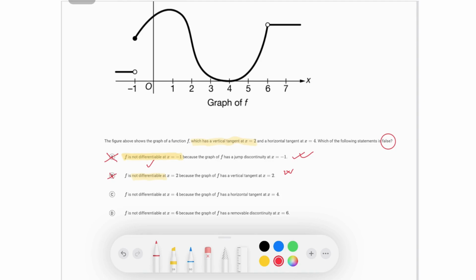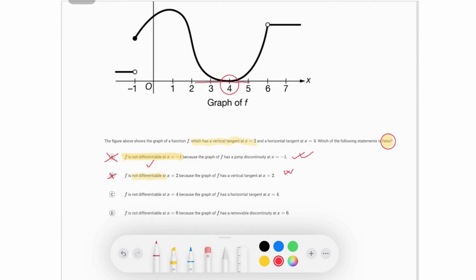C says f is not differentiable at x equals 4. Remember, we are looking for a statement which is false. Out of these, the false statement will be the answer. So we are always asking, is the statement given false? f is not differentiable at x equals 4. That's here.